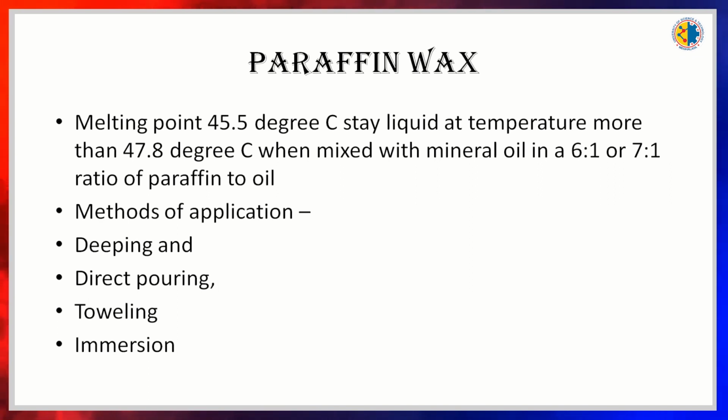There are different methods of application for paraffin wax, such as the toweling method, dipping method, direct pouring method and immersion method. These four are the main methods of application for paraffin wax.